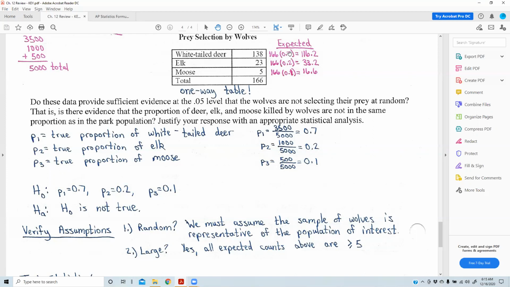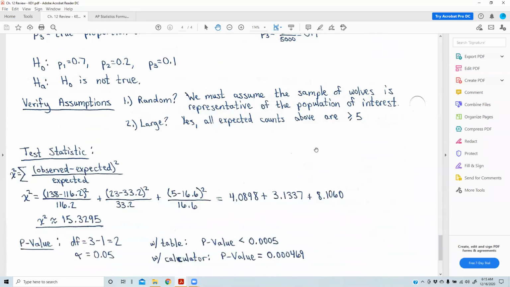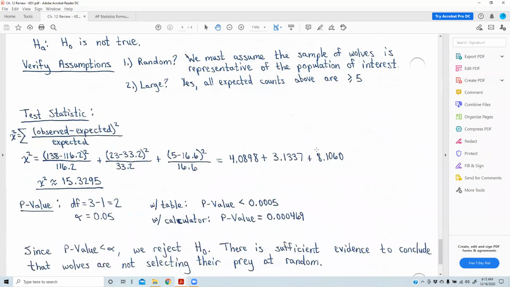So just to recap how I got these, I did 166, which is the total killed, times the actual proportions. So times the 0.7, the 0.2, and 0.1. Okay, from there, we're able to move on and get our test statistic. Observed minus expected squared divided by expected.